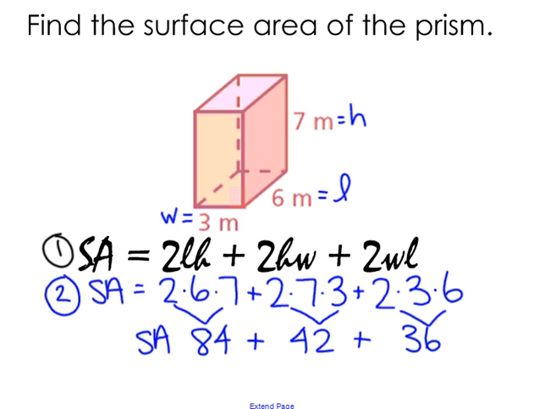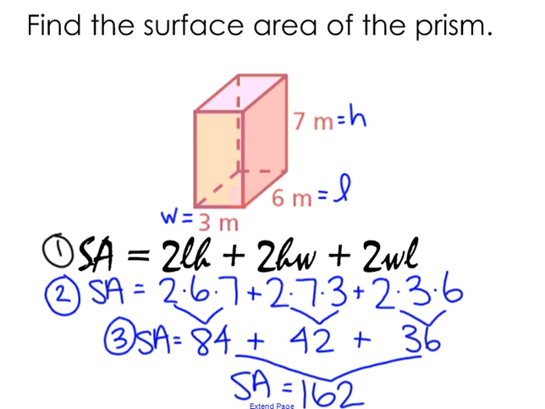And then all together, when you add those 3 numbers, you're going to get 162. So surface area is 162. This was actually step 3 here. And then that's going to be meters squared. So step 4, check to make sure that we have our units.